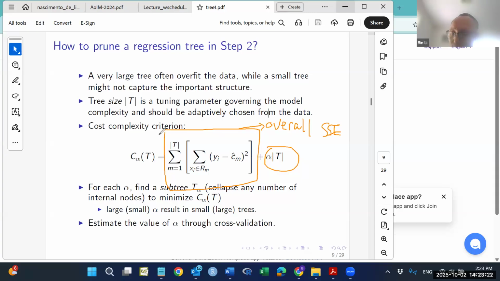Anyway, the first term is about how well the model fits the data overall, and the second term is the penalty on the model complexity. So that's the penalty term. You can see all these.